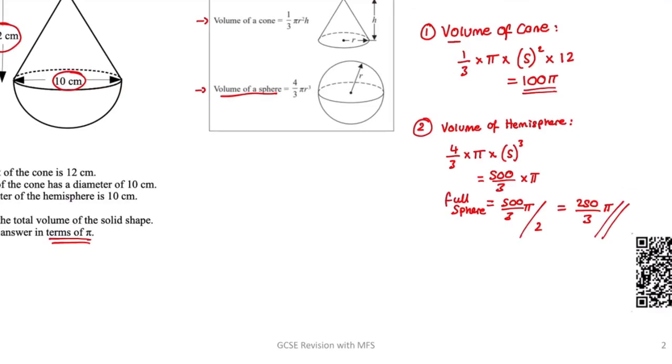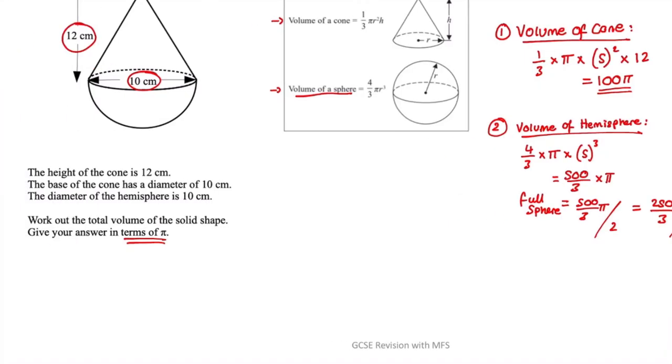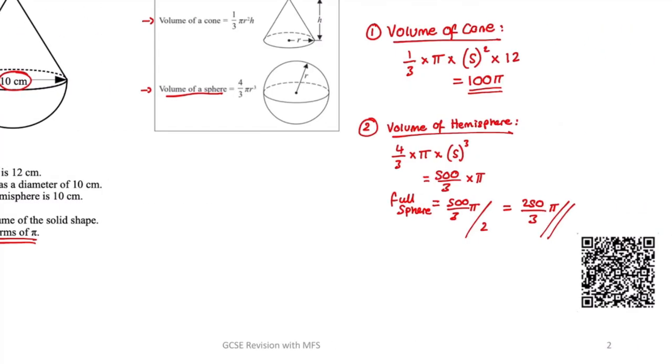So we've worked out the volume of the cone and we've worked out the volume of the hemisphere. Now what we have to do is work out the total volume. The only way that we can do that is by adding these two numbers together, adding the volume of the cone to the volume of the hemisphere.